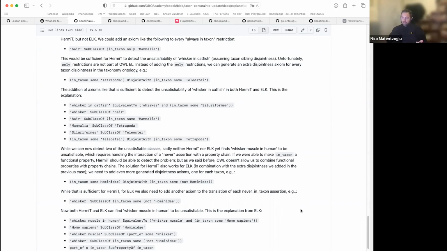All right. So this is again a bit more going into knowledge graph land from what you've described here. I wonder what your opinion is. We curate these never in taxon, present in taxon, and in taxon links between the anatomical entities and the taxa they occur in.